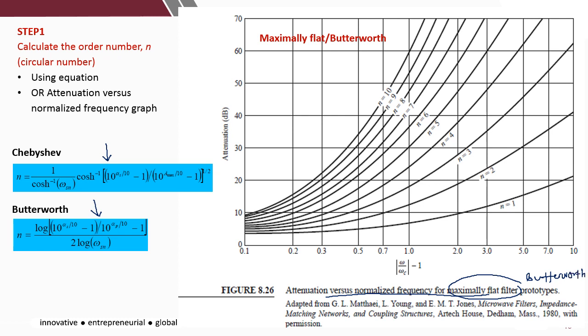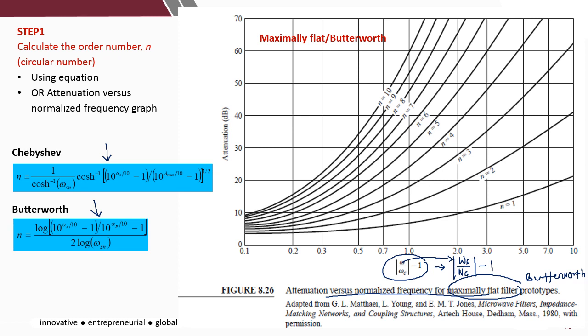Okay, first you need to get the x-axis representing the omega divided by omega c minus 1, in which omega here is actually the omega s over omega c minus 1. Okay, the stop band frequency.